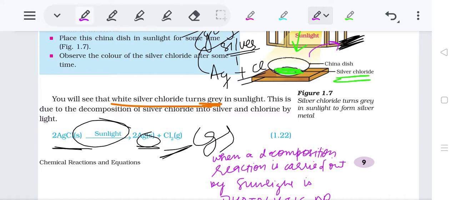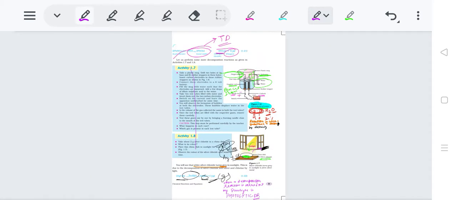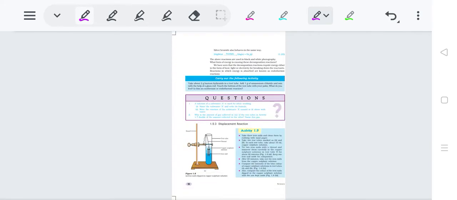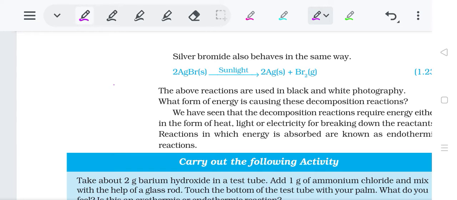Clear? DR means decomposition reaction. You can write in the space in your NCERT like me because it's easy to understand then.